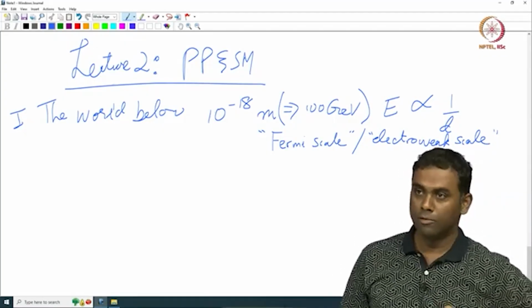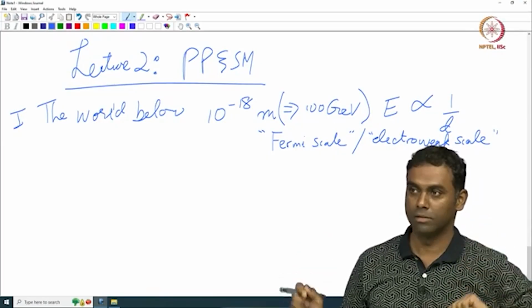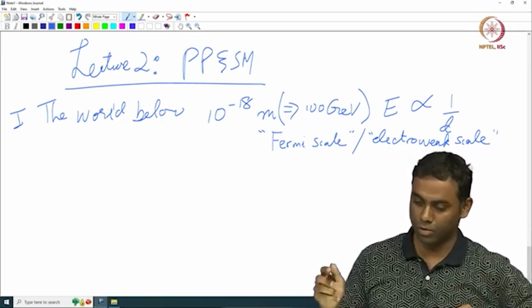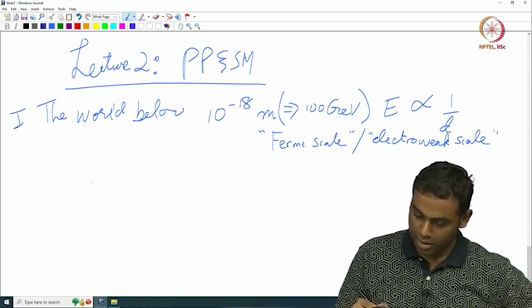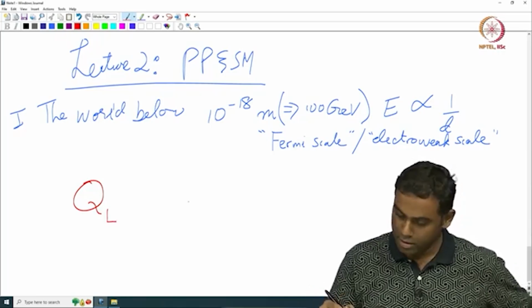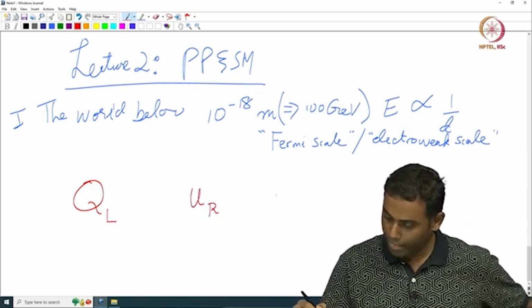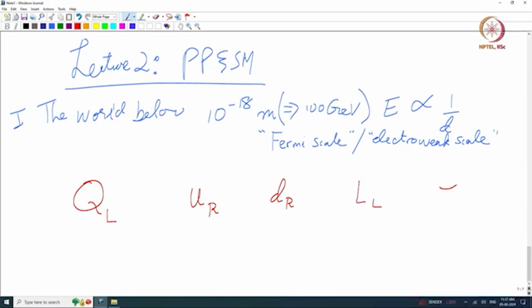There are 5 ingredients, okay. There are 5 kinds of matter fields, okay. So, what do I mean by that? Let me just write it down, okay. I have these, can anybody name these? What are the first 3 called? They are the quarks, okay, but not quite, okay.